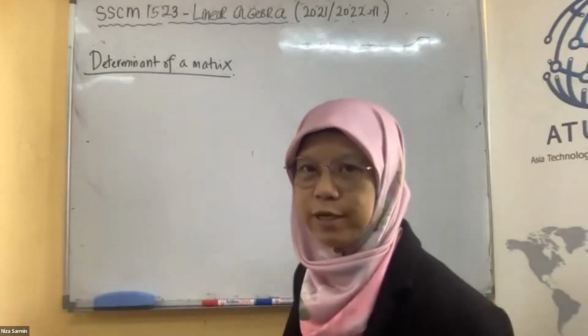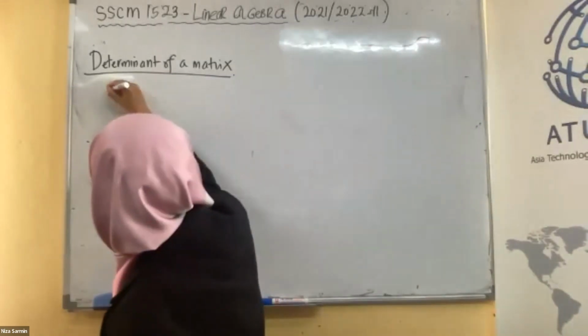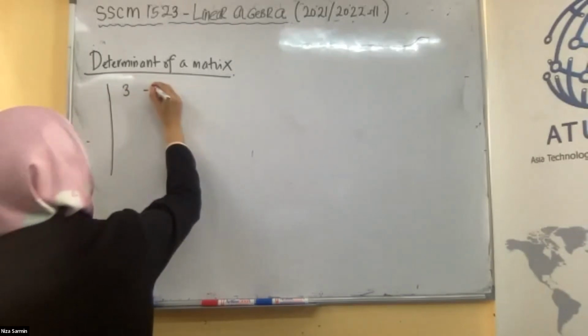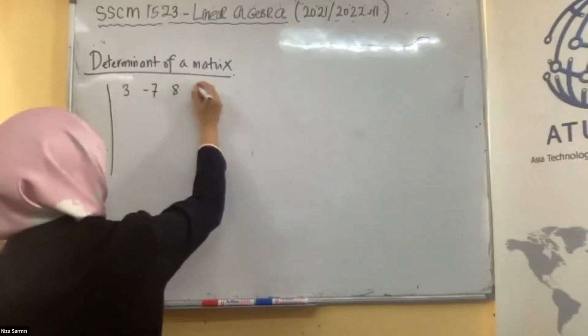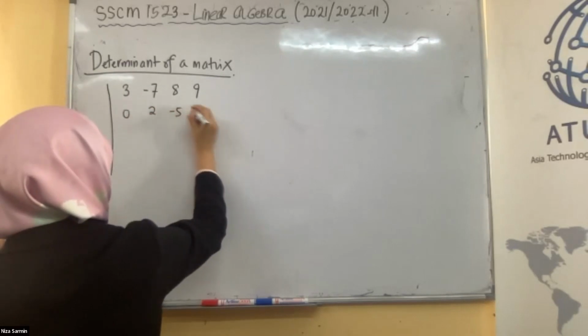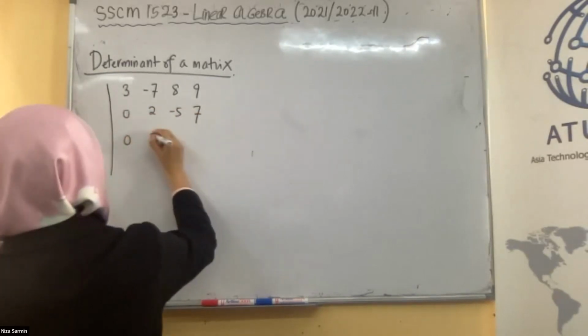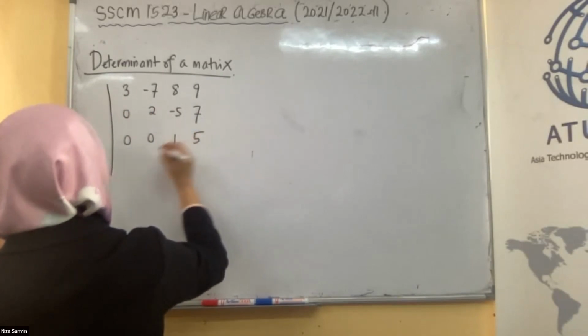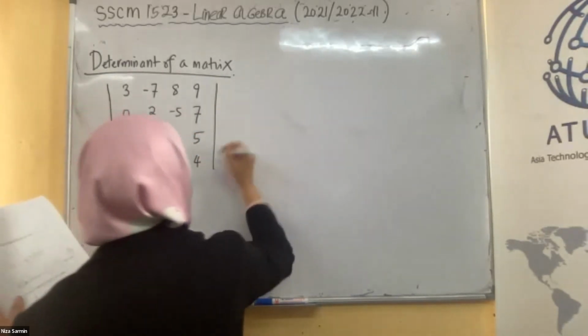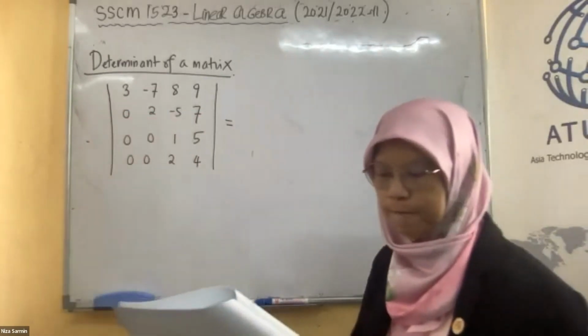Okay, this is the question, yeah? Find the determinant of a matrix with rows 3, -7, 8, 9; 0, 2, -5, 7; 0, 0, 1, 5; 0, 0, 2, 4.